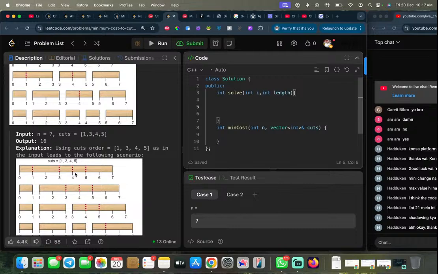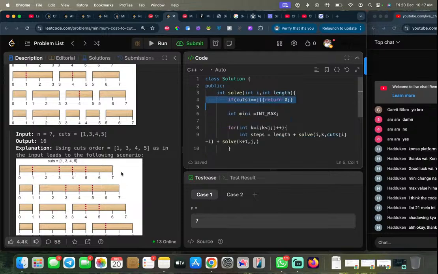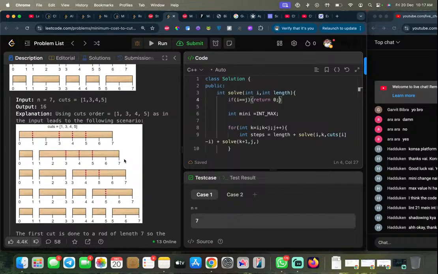I'm here. Length will become 6. Okay, and this length is 1.